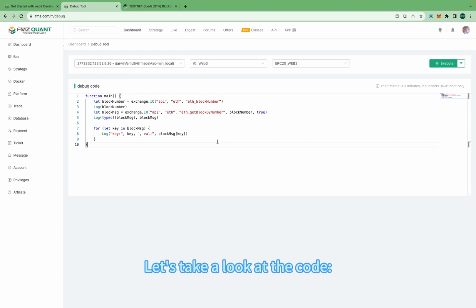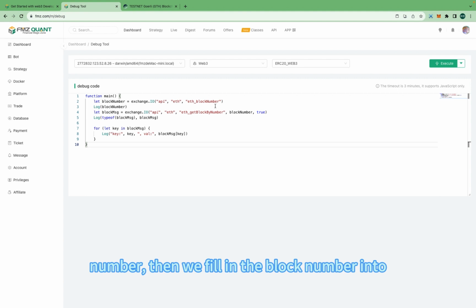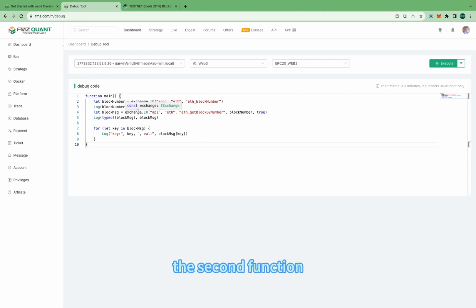Let's take a look at the code. We use ETH block number to get the current latest block number. Then we fill in the block number into the second function, ETH getBlockByNumber, to retrieve detailed information about that block and print it to the console.